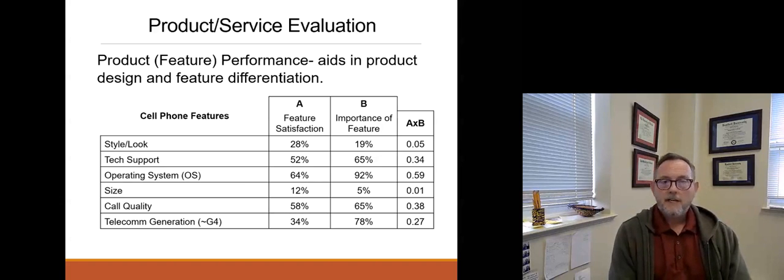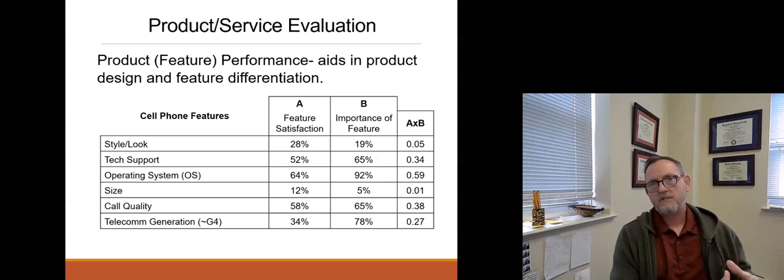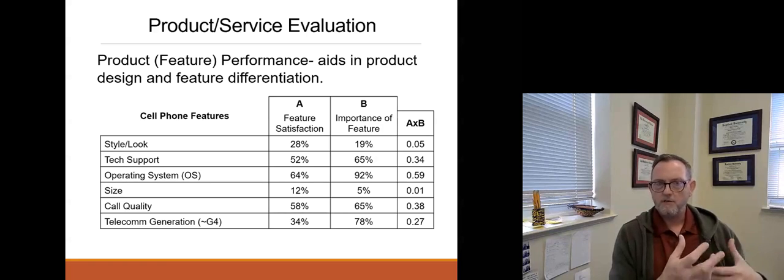And column A, column B, you get a composite score of features where we do well, so I'm satisfied with that feature, and it's important to me as the consumer. So this is consumer satisfaction based on feature and whether the feature is important to them.